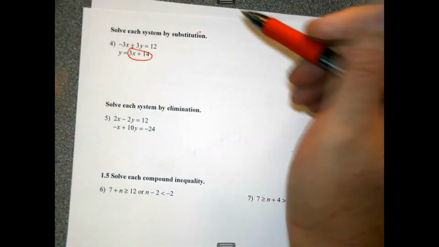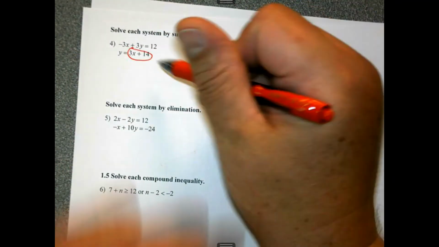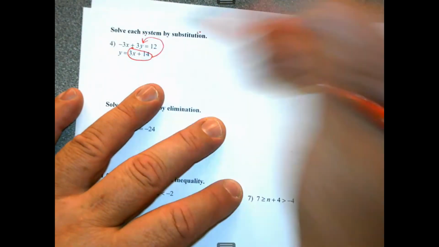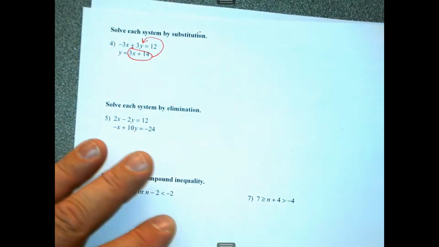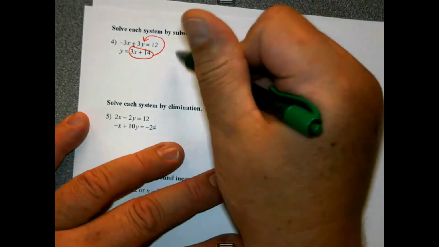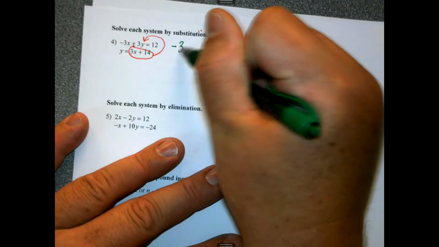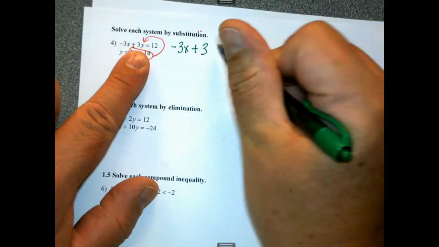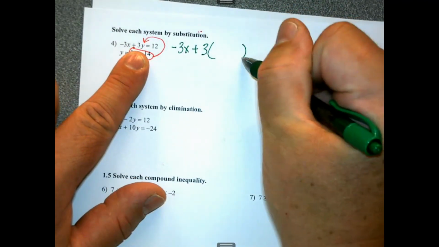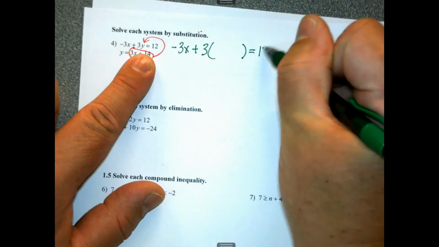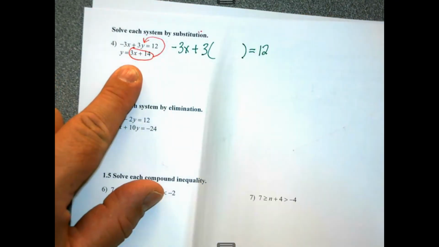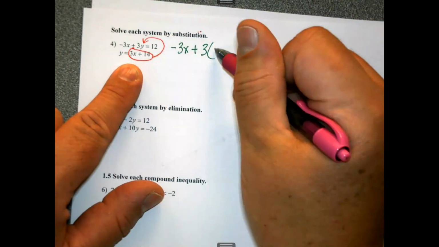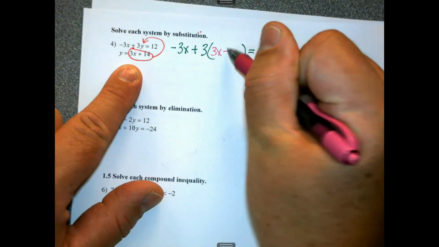So I'm going to take what y is in that equation and substitute it in for y in the other equation. So I have negative 3x plus 3, and for my y, I'm putting in parentheses, equals 12. And in those parentheses, I'm going to substitute what y is equal to, 3x plus 14.